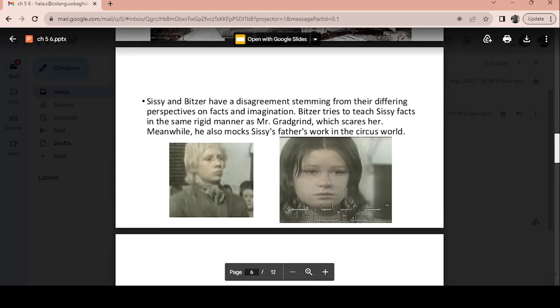Sissy and Bitzer have a disagreement stemming from their differing perspectives on facts and imagination. Bitzer tries to teach Sissy facts in the same rigid manner as Mr. Gradgrind, because he is the outcome of the school, so he was trying to treat Sissy in the same way as Mr. Gradgrind, but because he is her age, she was able to escape from him, and that's why she was scared.